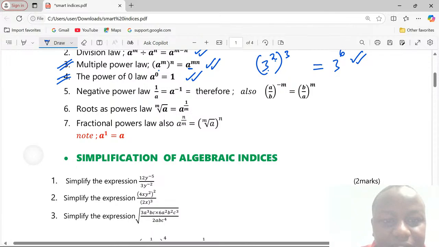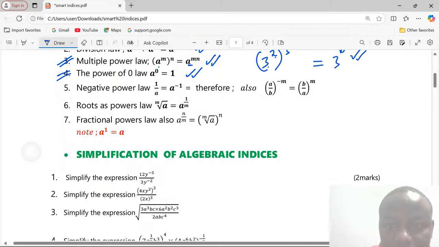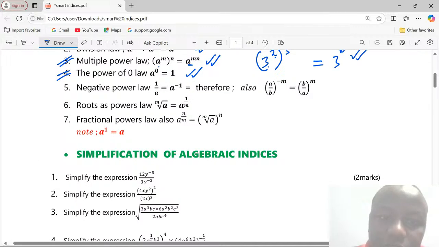Then the negative power law. It's good for us to know that when we are having the reciprocal of a, it is the same as a power negative 1. Again, it also has to be known that when you have a certain fraction raised to a negative power, it is the same as taking the reciprocal of such a fraction, then we raise to the positive power.